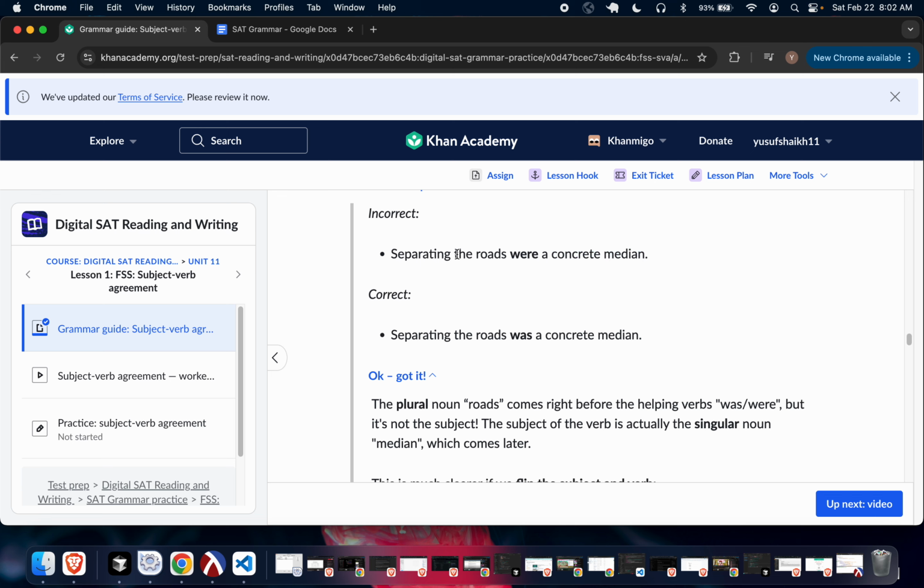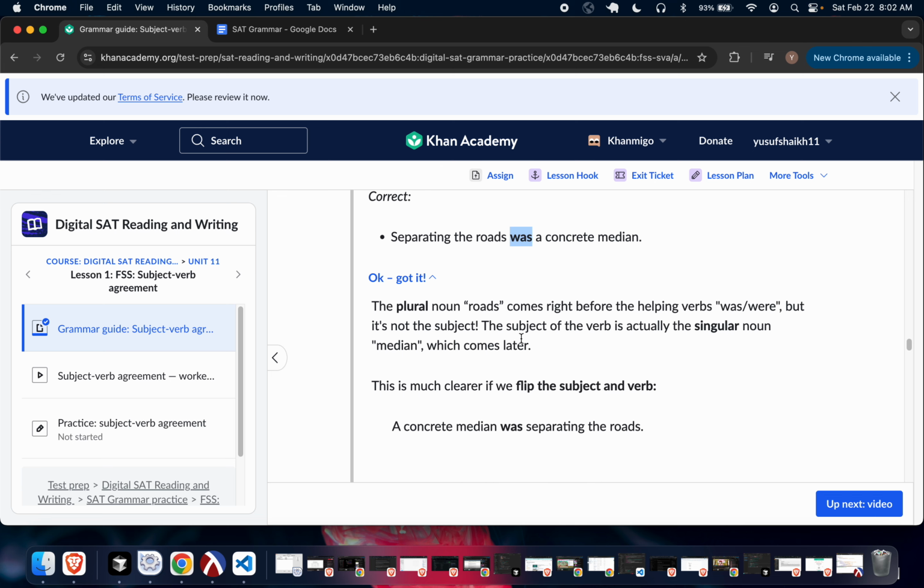You might think that the roads are the subject of the sentence. And if you think that the roads are the subject, then the roads are plural, right? So then you should use a plural verb. But again, that's not the case. The concrete median is the subject of the sentence, and since that's a singular noun, we need a singular verb, right? So we use the singular verb was in this sentence.